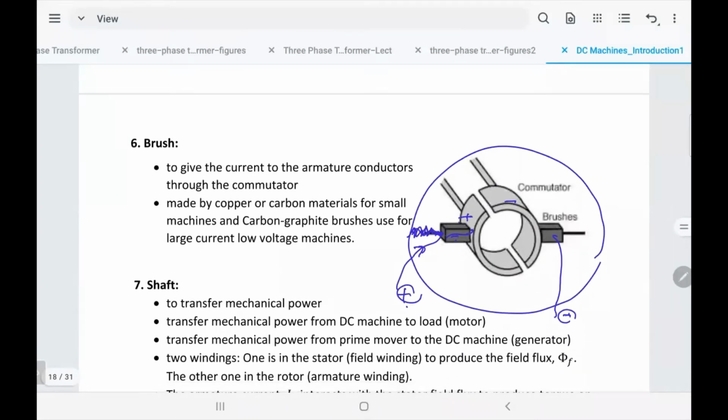When it's rotating, it oscillates a little bit, and that will make a space. That's number one. And even imagine when this commutator is moving, there is a space between these 2 halves of the commutator.